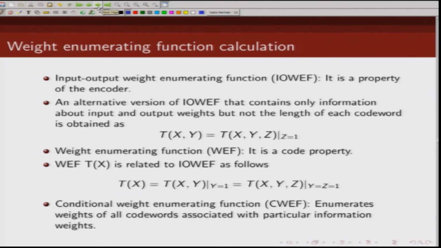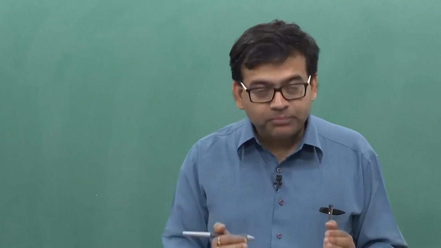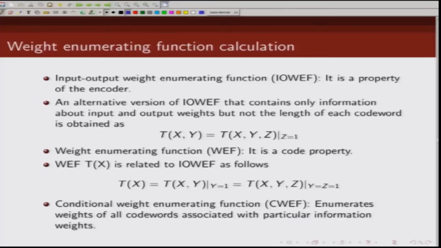Similarly, we can define what is known as the conditional weight enumerating function. So, what is the conditional weight enumerating function? The conditional weight enumerating function enumerates the weights of all code words associated with a particular information weight. So, if you are interested in knowing the output weight that corresponds to an input sequence of weight 4, then from the input output weight enumerating function, by collecting all terms which have y to the power 4, we can find out the weights of all code words corresponding to an input weight of 4.